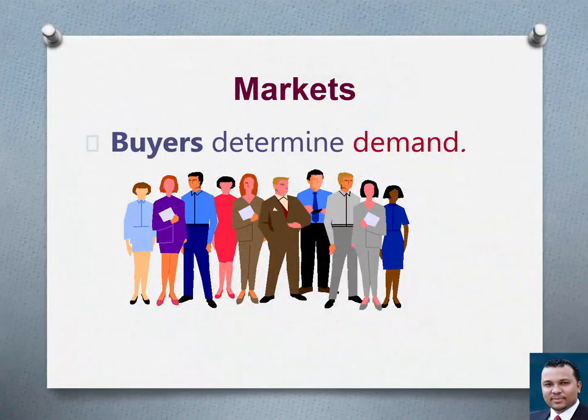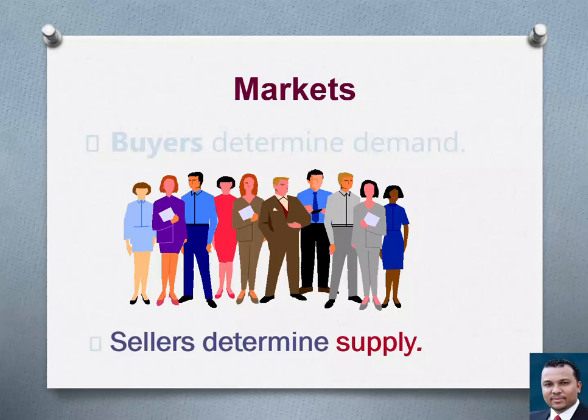In other words, when we talk about buyers, we mention demand. On the other hand, when we talk about sellers, we mention supply. So, in short, if you want to define any market, we can talk about market as demand and supply.